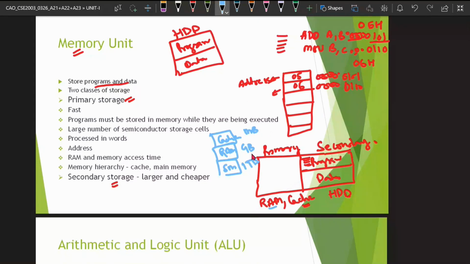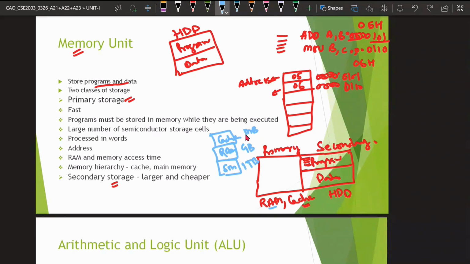Okay, so what happens? This is the secondary memory, that is the hard disk. Hard disk has a higher quantity, but it is less costly. RAM is used in very few GB, like 16, 8 and 4, but it is more costly.